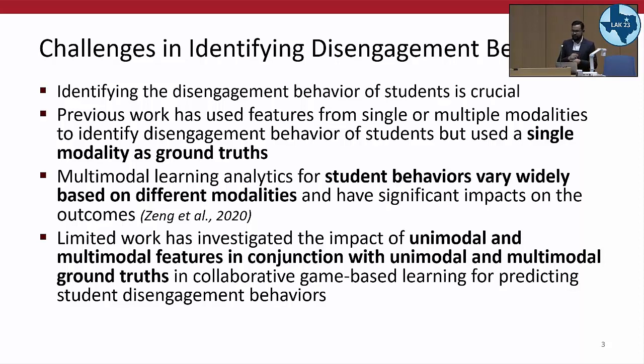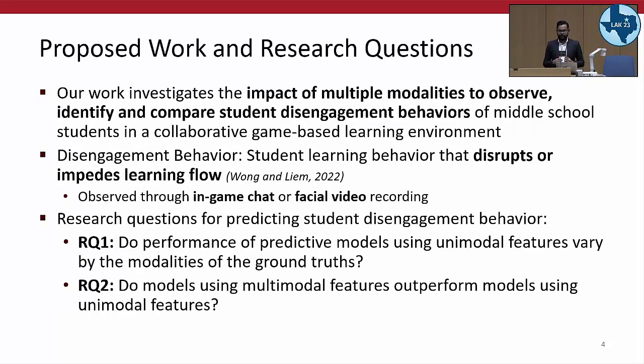Limited work has investigated the impact of unimodal or multimodal features in conjunction with unimodal and multimodal ground truths in collaborative game-based learning. So what we propose here is to investigate the impact of multiple modalities to observe, identify, and compare disengagement behavior of middle school students in collaborative game-based learning.